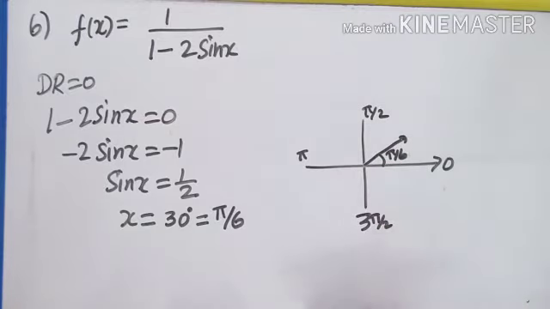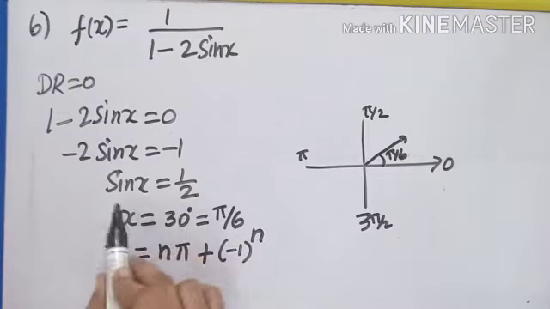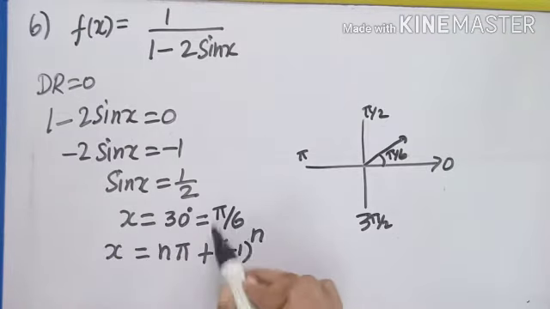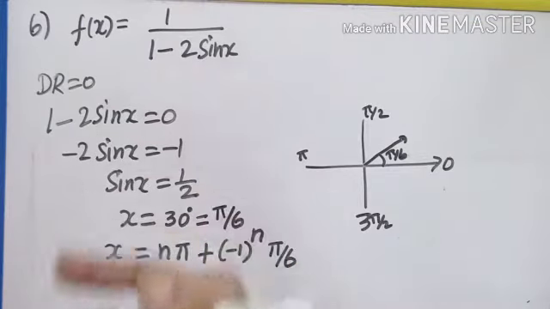How to write the general value? Again, this you will study in detail in trigonometry later. At present, remember the formula. Whenever it is sin x, whatever angle I get, write this formula. N pi plus minus 1 power n, whatever comes. So all these x values I must exclude.